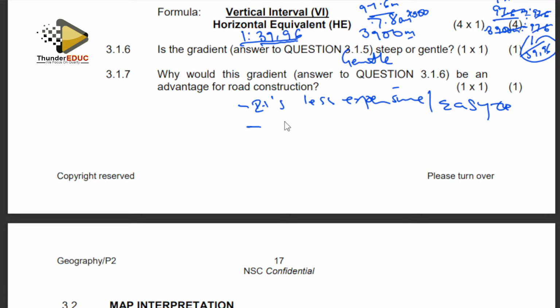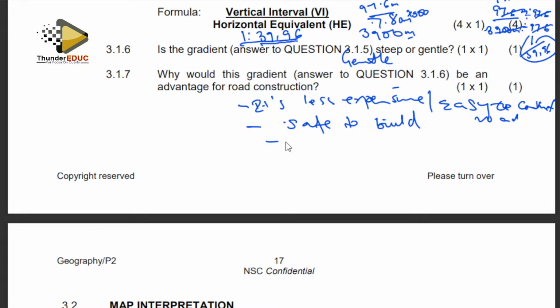So it is easy to construct, it is cheap also, it is less expensive to construct a road. Then it is also safe to build a road in that area.